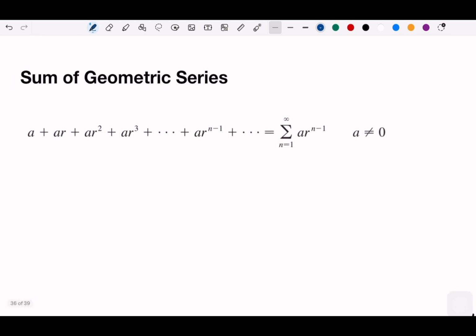Each term is obtained by multiplying by r, okay, or ratio, or common ratio.